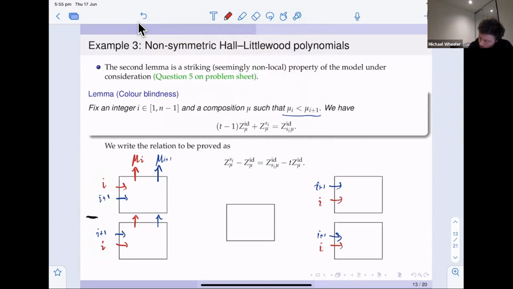At the top here, this is now going to be mu I, and this will be mu I plus 1. And then down here, I'll have this and I'll have this.